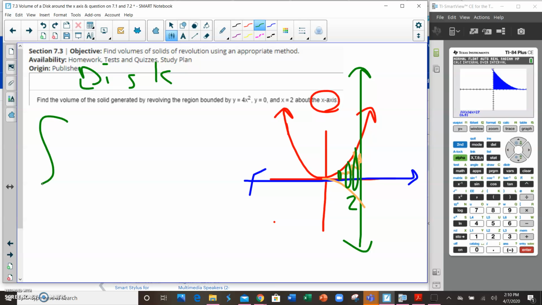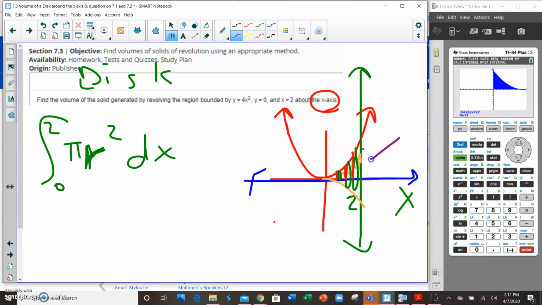We integrate the area, which is pi r squared. Okay, that's an r. So when we integrate that, pi r squared, this is your x-axis, so that's going to go from 0 to 2. So this is going to be dx from 0 to 2. So what is my radius? Once again, the radius is just the height from there to there.